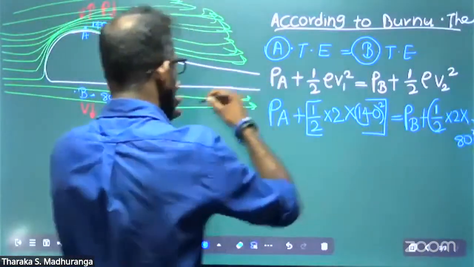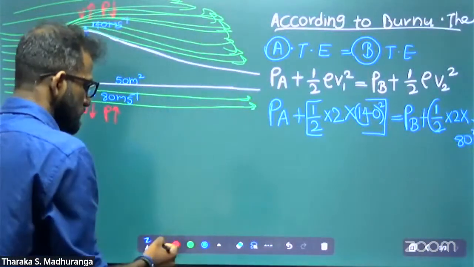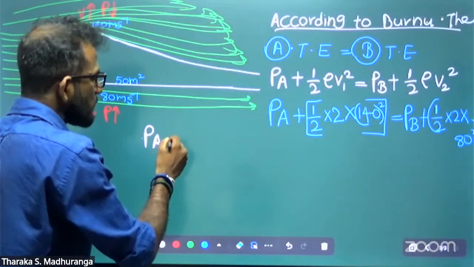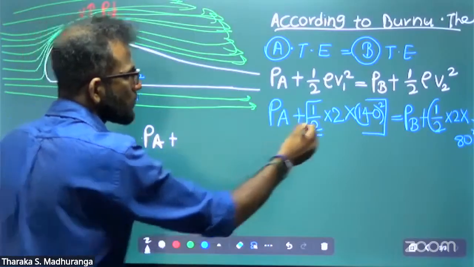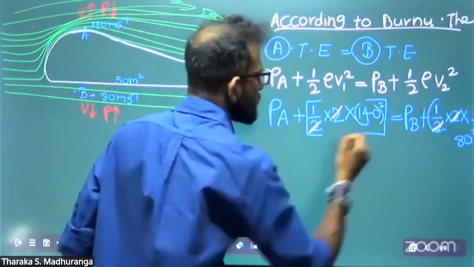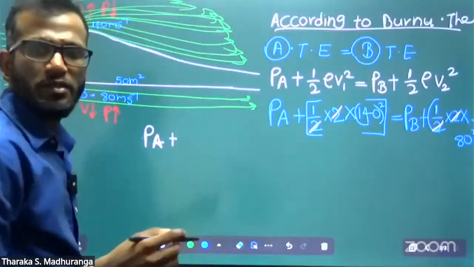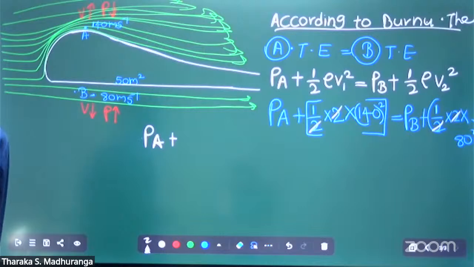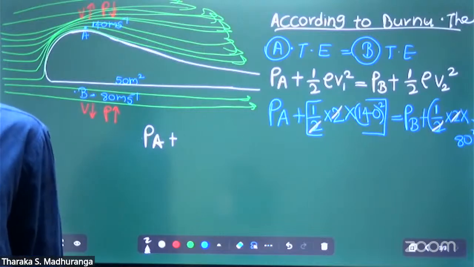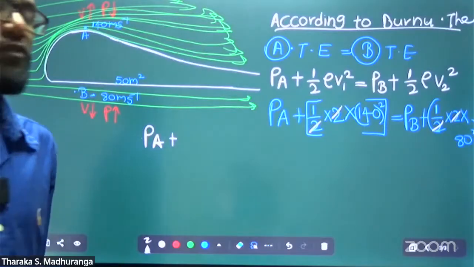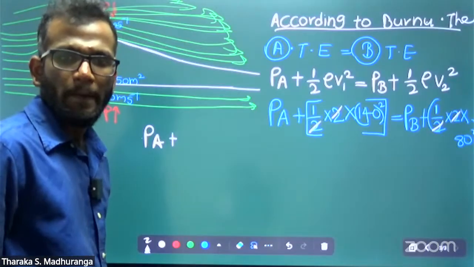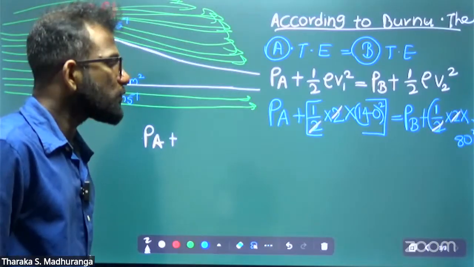Now I have the equation. PA plus, the 2 and 2 cancel out. 140 squared: what's the value of 140 squared?